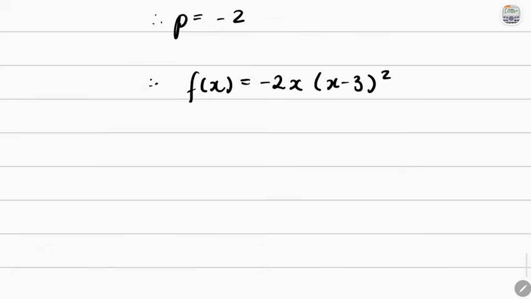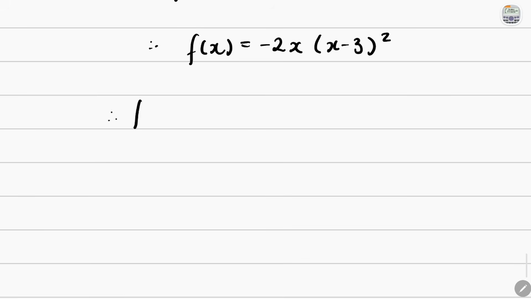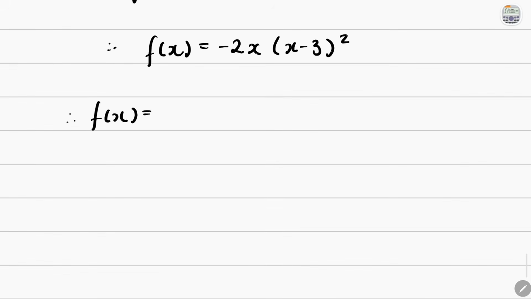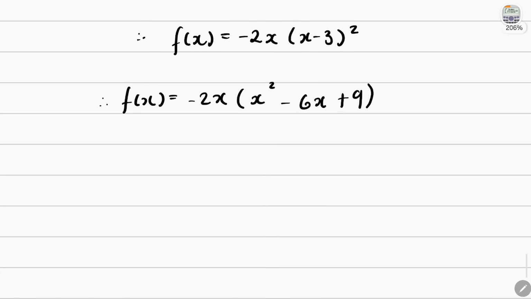We already found p. So this is f of x is equal to negative 2x multiplied by, and distribute. We square the first term, which is x squared, square the last term, positive 9. First times second is negative 3x, then times 2 is negative 6x. And now we can just distribute there.